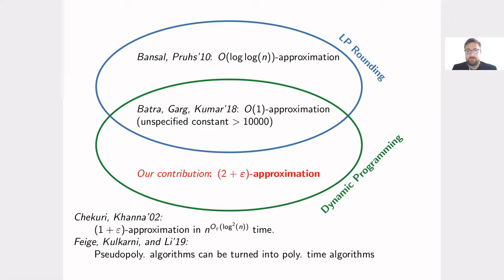And our algorithm is based on ideas from Bhattacharya and Kumar, but we are able to completely get rid of the LP rounding part, which was one very important source for this large constant. So our algorithm now is only built on dynamic programming.